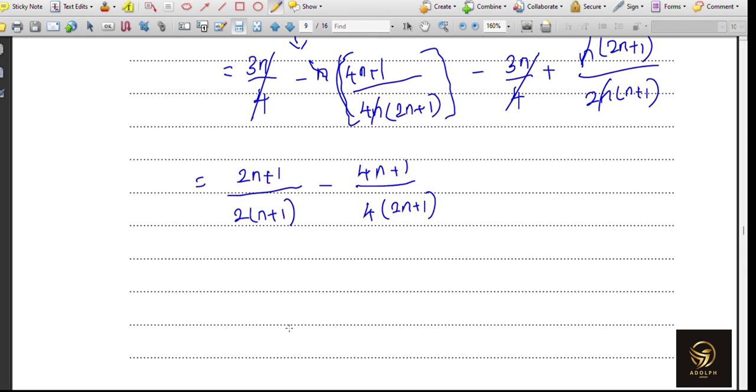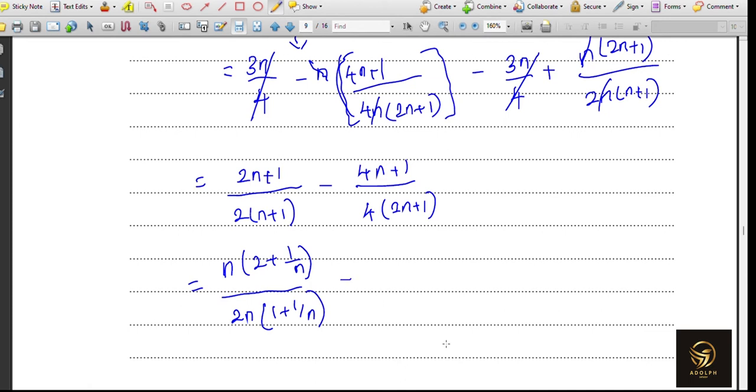And now I can take n as common in the numerator of the two terms, because I have to find n tends to infinity, which means I have to find out the sum to infinity. So if I take n as common, it's going to be 2 plus 1 by n divided by 2n into 1 plus 1 by n.